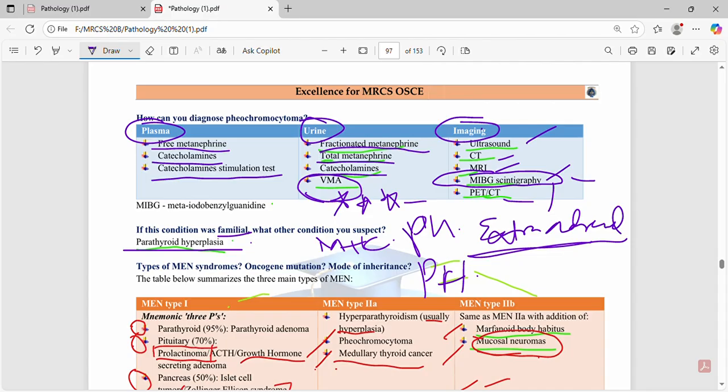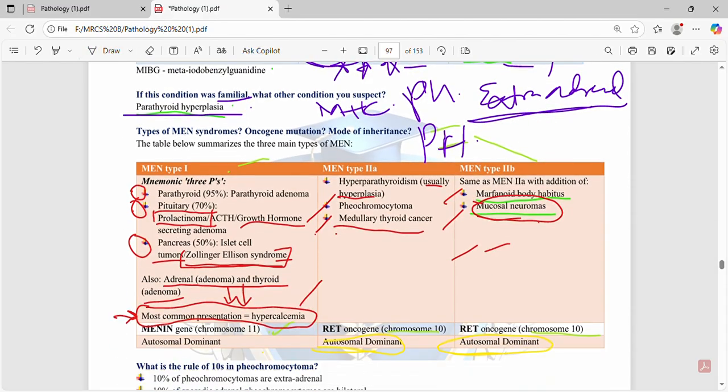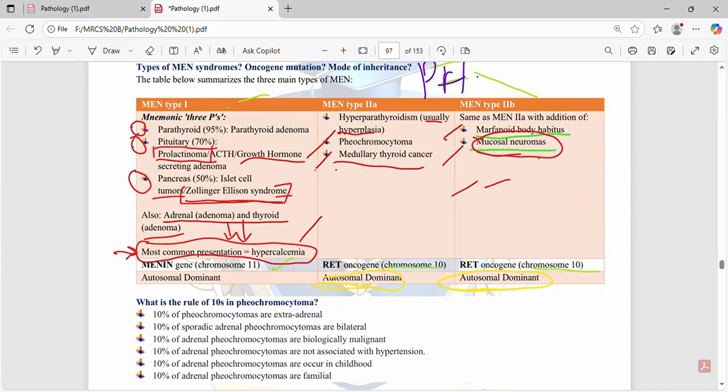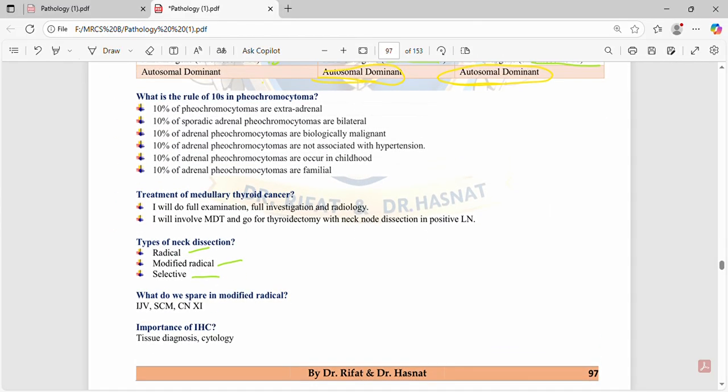Type of MEN syndrome, oncogenic mutation, mode of inheritance: we have already studied these.